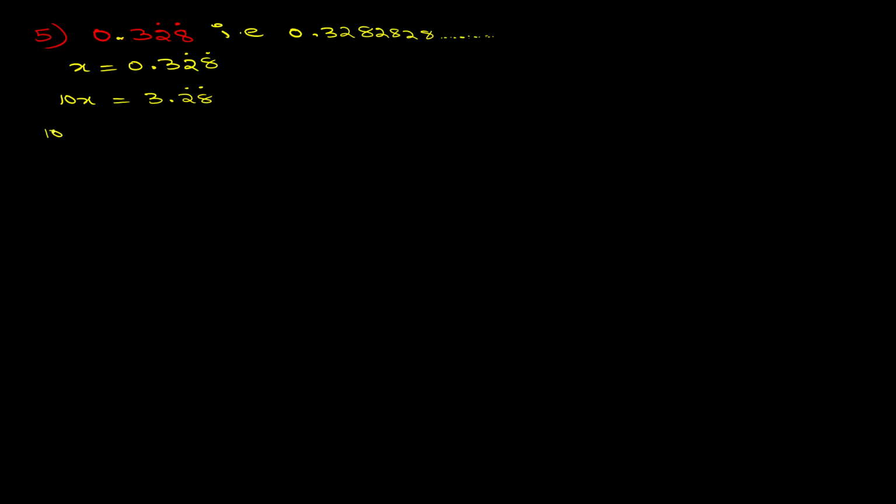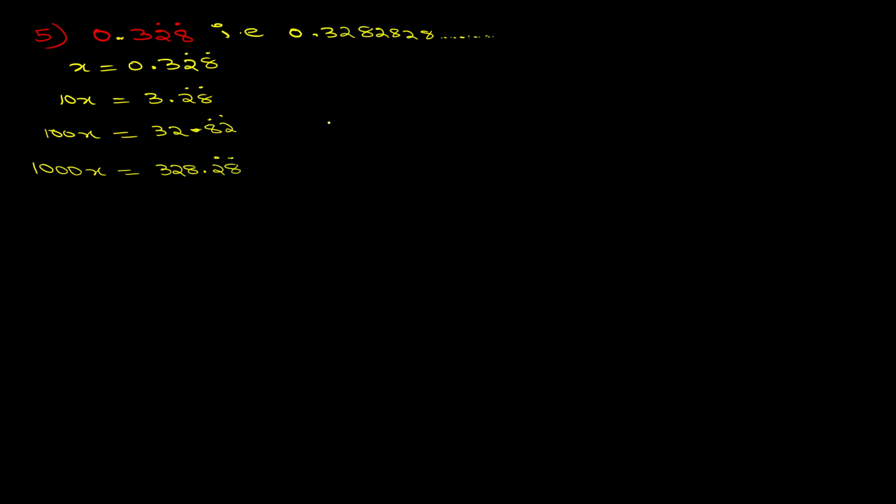If I multiply by 100x, I get 32 dot 8, where 2 is again repeating. So again check the decimal parts, it's not the same. So I multiply by again 1000x, that gives 328 dot 2 dot 8 dot.